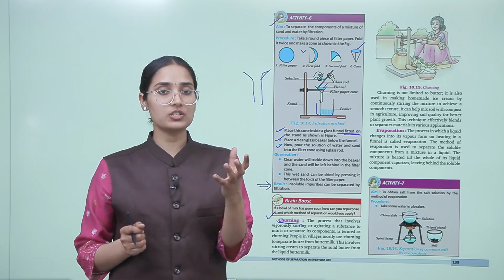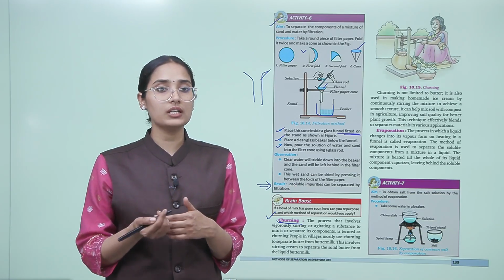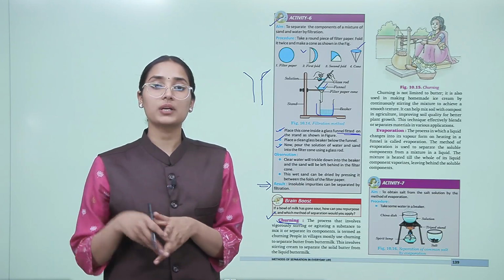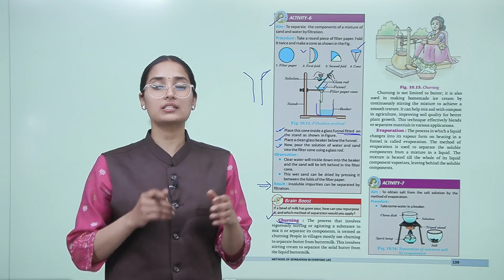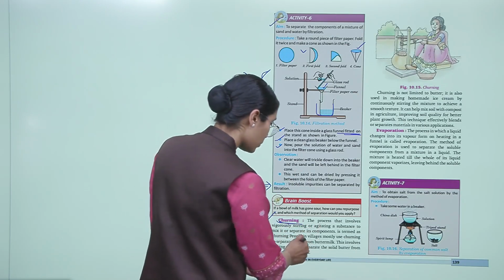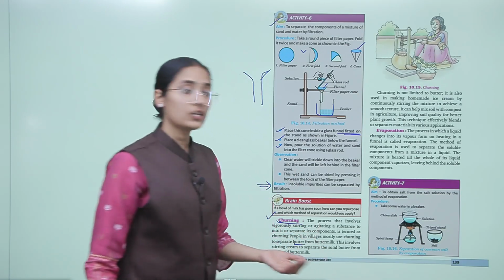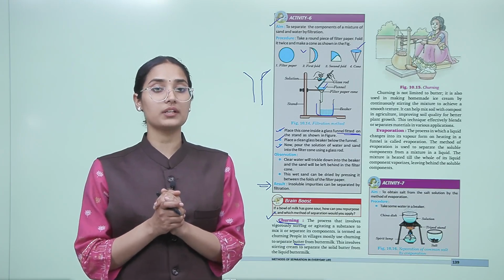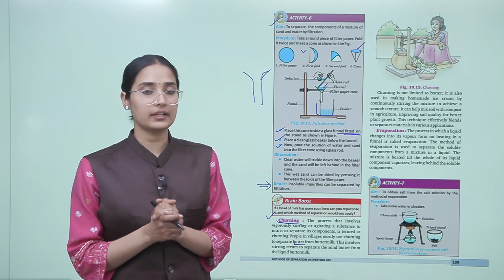People in villages especially use churning to separate butter from buttermilk. The buttermilk or sometimes curd is churned, agitated again and again to get the butter out of it. So this involves stirring cream to separate the solid butter from the liquid buttermilk.